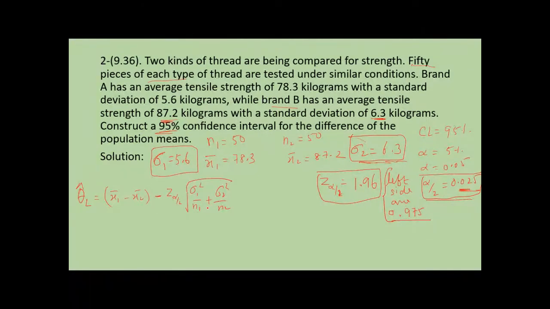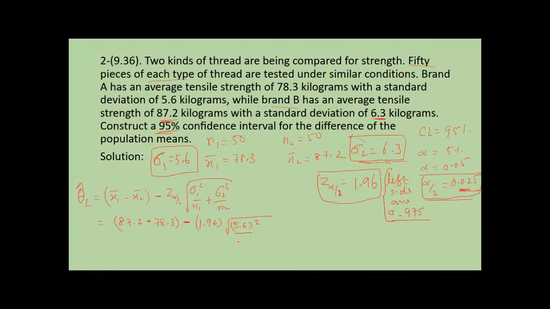When we substitute all the values, x1 bar is 87.2. So 87.2 minus 78.3 minus z alpha over 2, which is 1.96, under the square root, sigma 1 is 5.6.